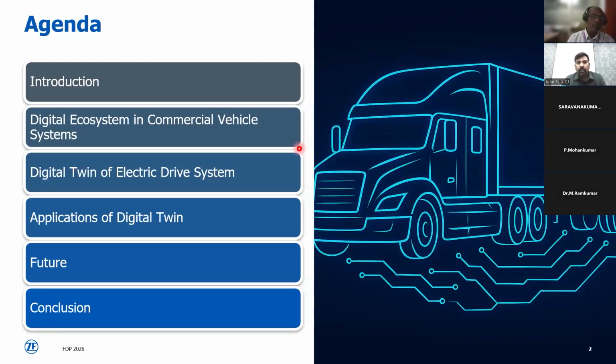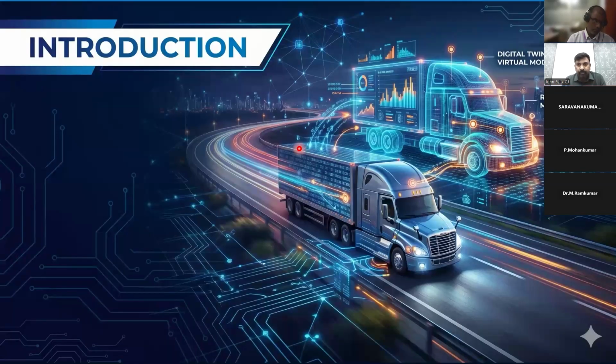Finally, we go to the core of the session, where I'll explain the concept of the digital twin, its applications, future challenges, and a few thoughts, and a few concluding remarks. This is the overall format of this session. Hopefully, this is structured well enough for your consumption.